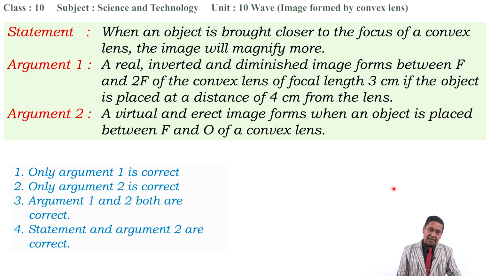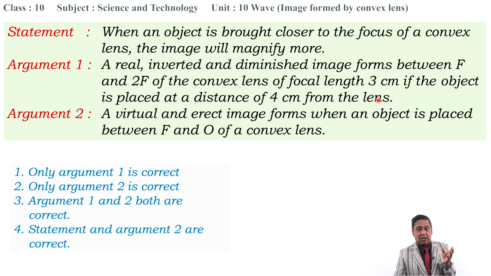Now let's talk about option number 1. Only argument 1 is correct, is it? A real, inverted and diminished image forms between f and 2f of the convex lens of focal length 3 cm if the object is placed at a distance of 4 cm from the lens. What does it mean? It means the object is somewhere between focus and 2f. Focal length is 3 cm and it is beyond the focal length and not beyond 6 cm.